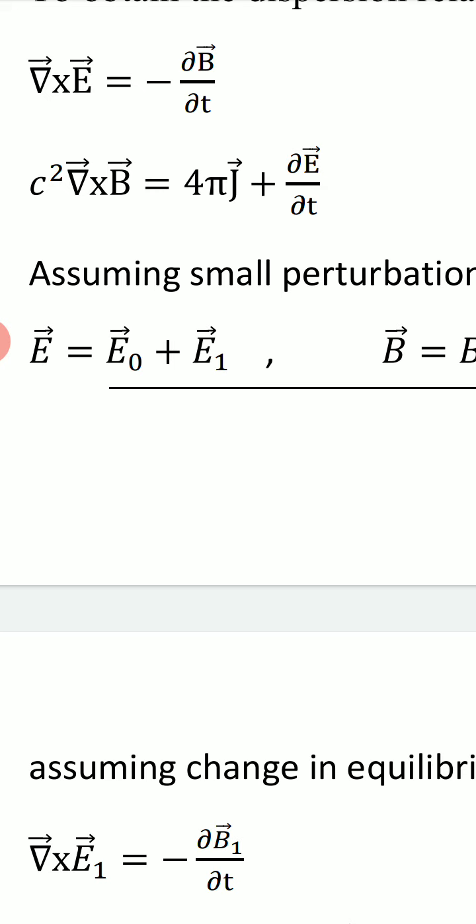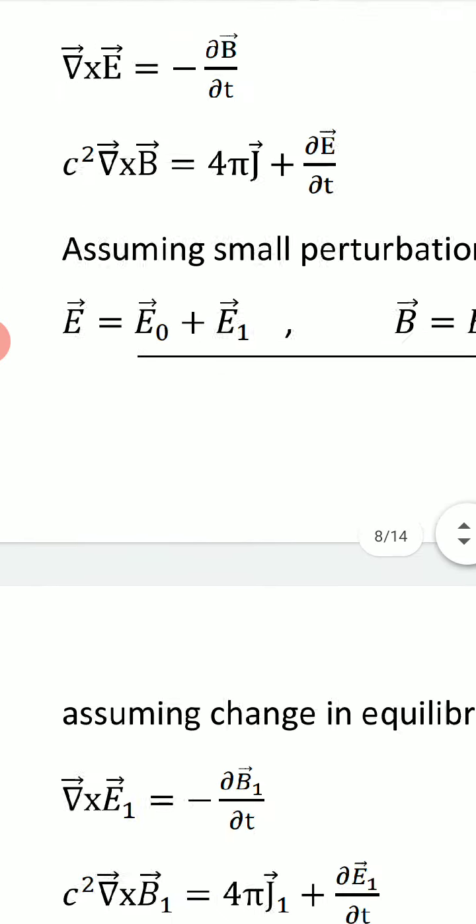So in the left hand side, we have c square into del cross B. And in place of epsilon 0, we write 1 upon 4 pi. In this way, we get the second Maxwell equation as c square del cross B equal to 4 pi J plus delta E upon delta T.